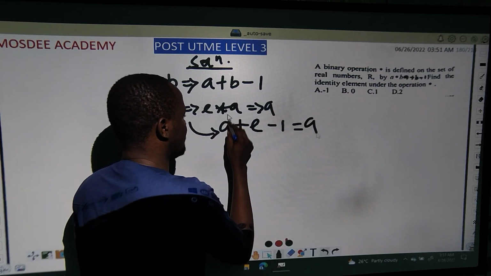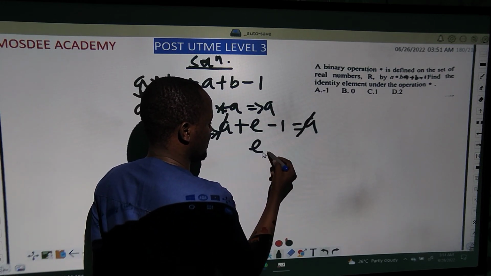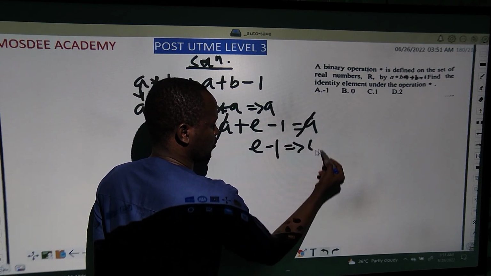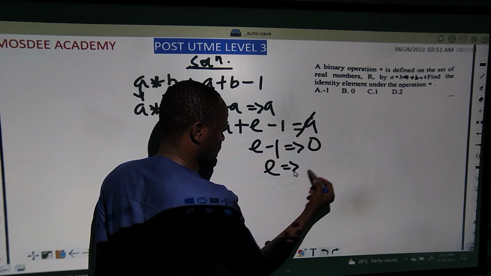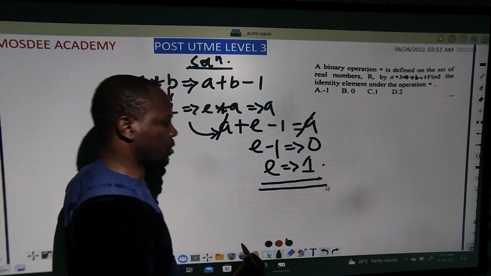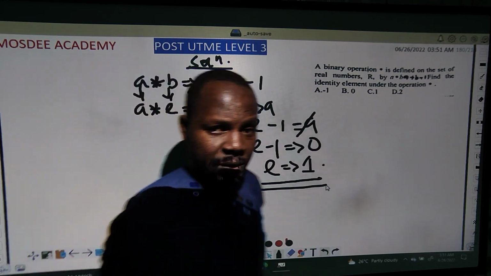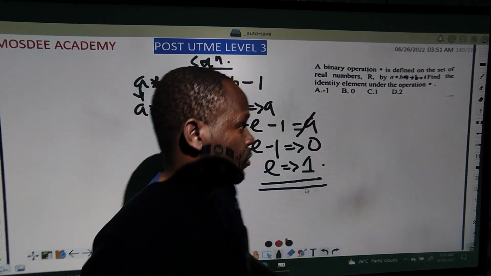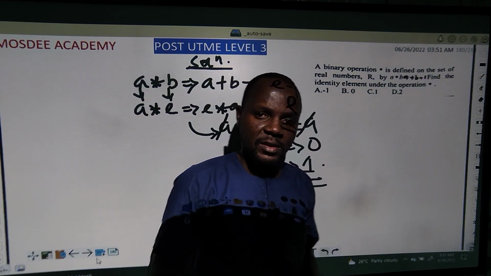On simplification, this gets cancelled. E minus 1 is equal to 0. E is equal to 1 is the identity of this operation, and this falls under the concept of binary operation. Please remember that in your journal. E is 1, and that is the identity of that operation.